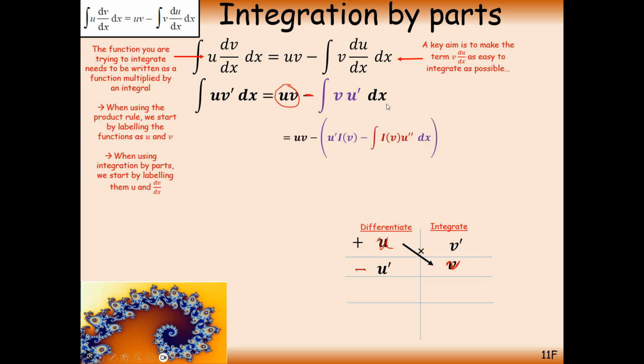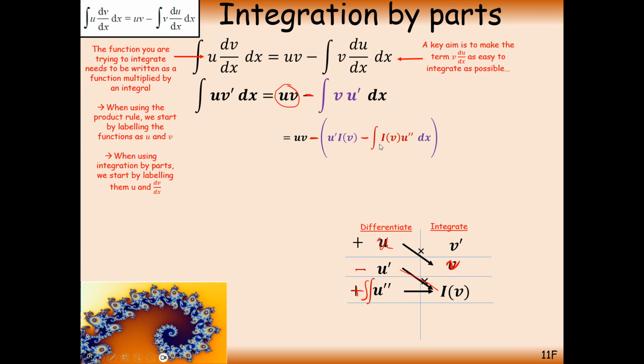This second integral, in purple, can be turned into yet another integral with the same rule. You have u dash multiplied by the integral of v here, and because of the negative sign multiplied by another negative sign, you add this integral here, which I'm going to put in red.